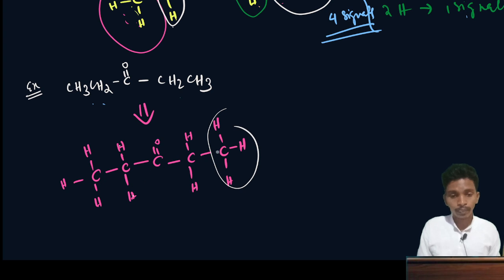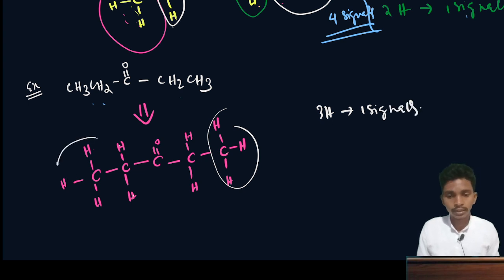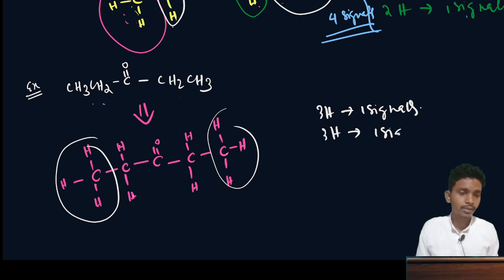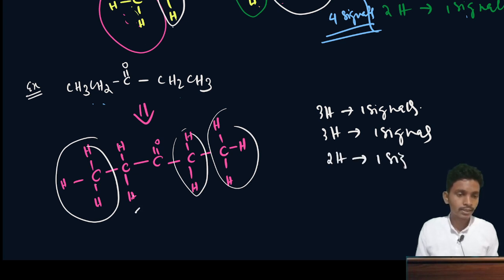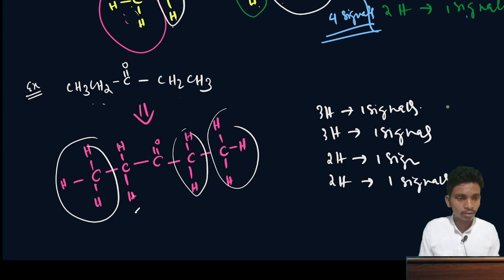Here this 3H is homotopic, so it gets 1 signal, and this 3H is also homotopic, so 1 signal, and this 2H 1 signal, and this 2H 1 signal. So accordingly we would say we get 4 signals.